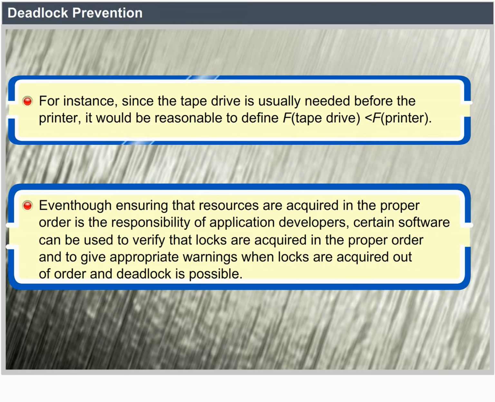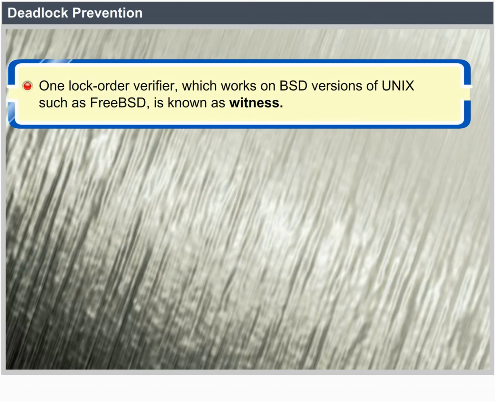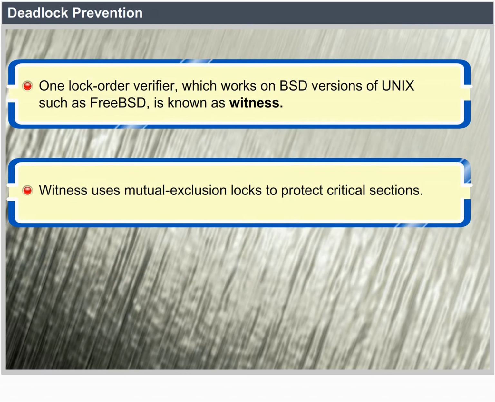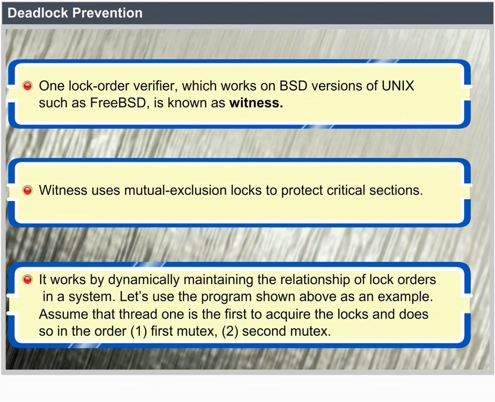One lock-order verifier, which works on BSD versions of UNIX such as FreeBSD, is known as witness. Witness uses mutual exclusion locks to protect critical sections. It works by dynamically maintaining the relationship of lock orders in a system. Let's use the program shown above as an example.